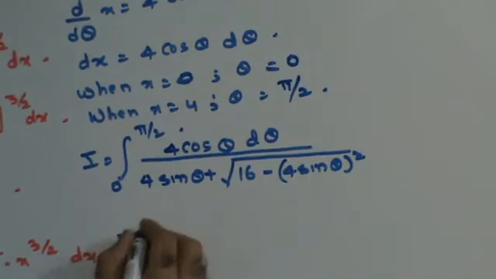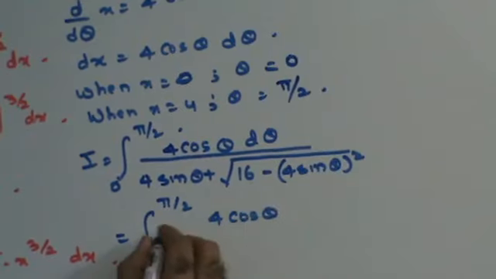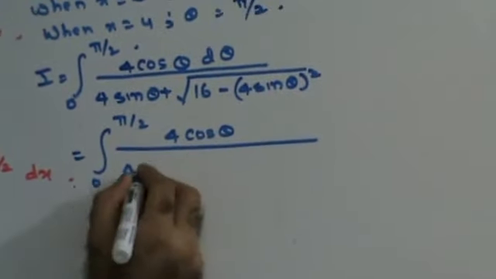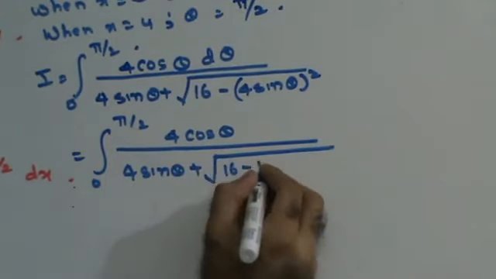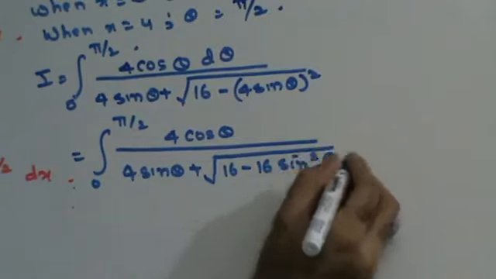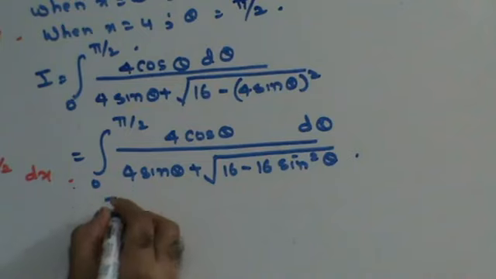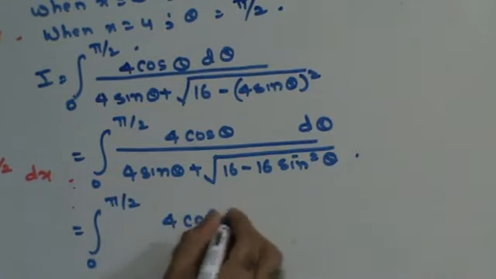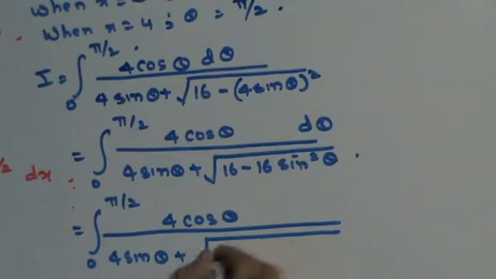Now this can be written as integral of 0 to pi by 2 4 cos theta upon 4 sin theta plus square root of 16 minus 16 sin square theta d theta. This can be written as 0 to pi by 2 4 cos theta upon 4 sin theta plus square root of 16 times 1 minus sin square theta, right?